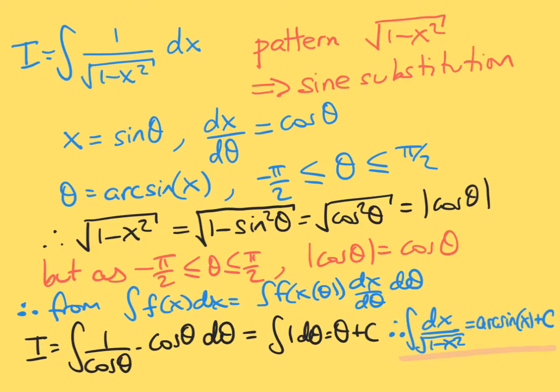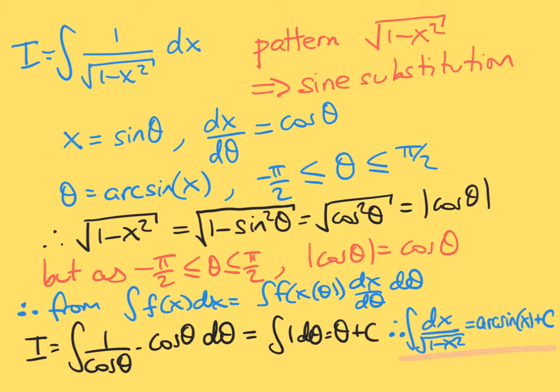In other words, we're going to say that x, our variable in the square root, is going to be the sine of theta, and that means that the derivative of x with respect to theta is the cosine of theta. From this definition, we have that theta is the arcsine of x, so it's the inverse sine function. So we take the inverse sine of both sides.